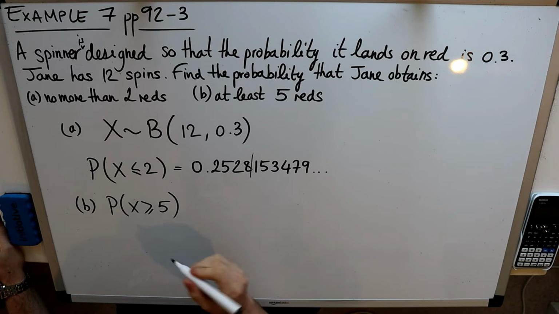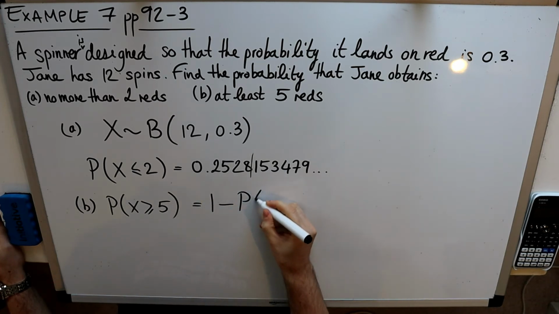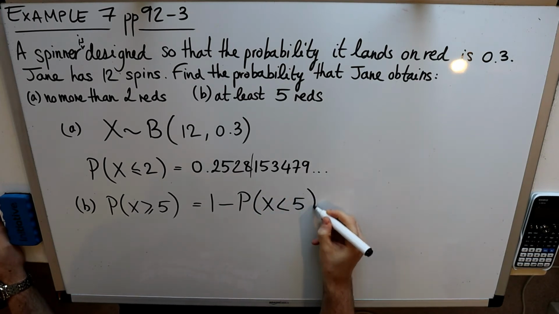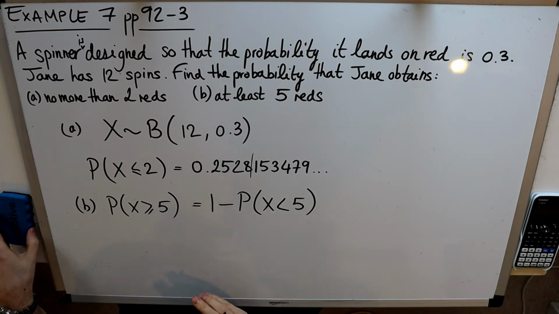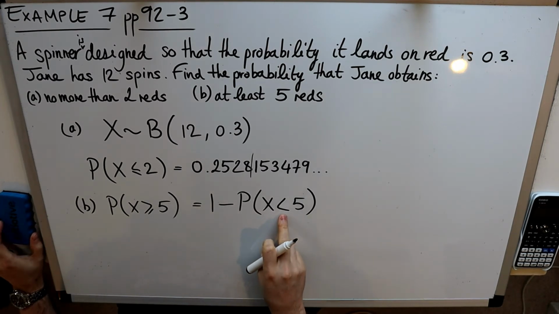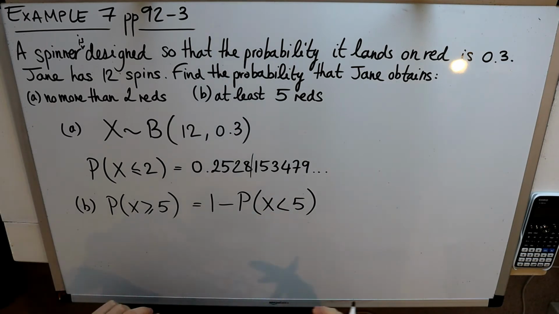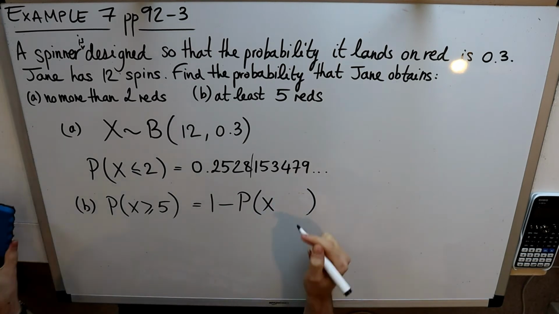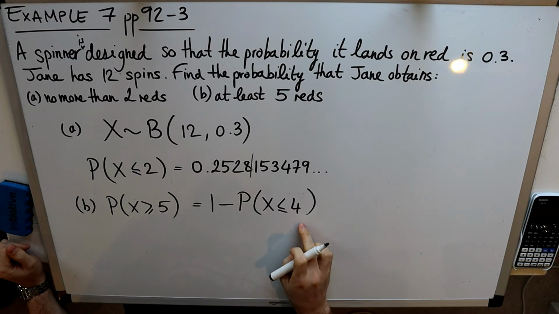So this right here is equal to 1 minus probability of x strictly less than 5. So this is me taking away 4, 3, 2, 1, 0. But again, my probability tables are in terms of less than or equal to. So because these are whole numbers every time, strictly less than 5 means less than or equal to 4, because there's nothing between 4 and 5.